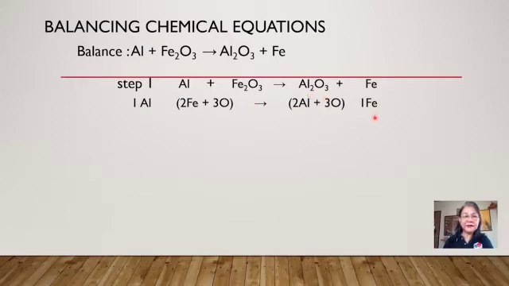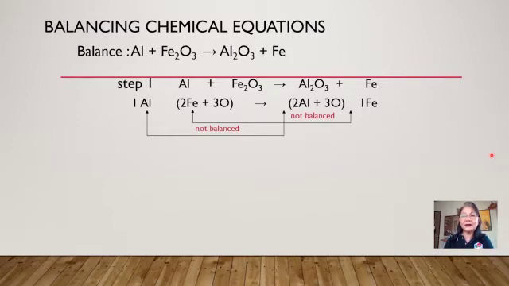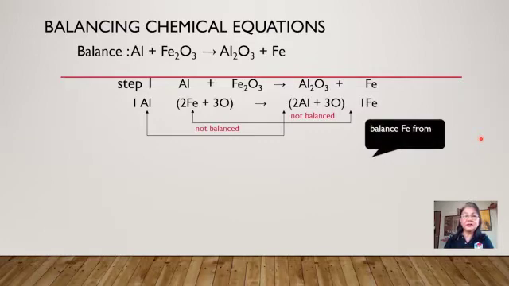So obviously you can identify the substances that do not have the same number of atoms in the reactant as well as in the product. So iron is not balanced and aluminum is not balanced, while oxygen has the same number of atoms on both sides of the equation. So let's balance iron first.